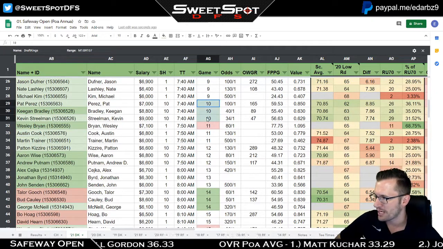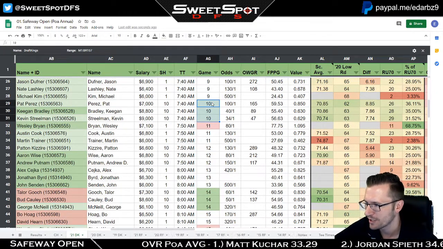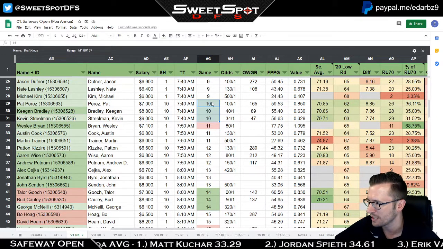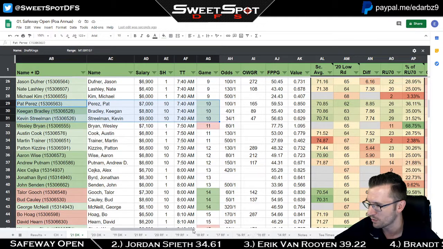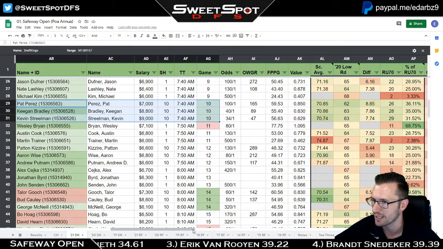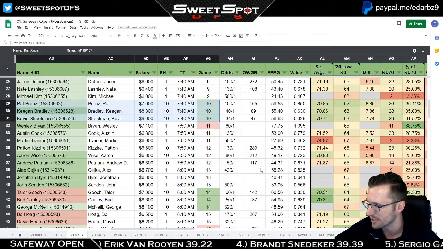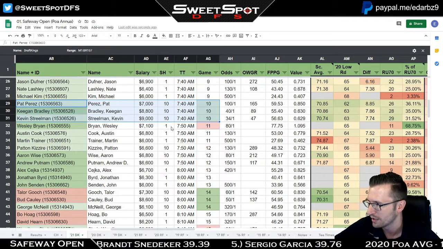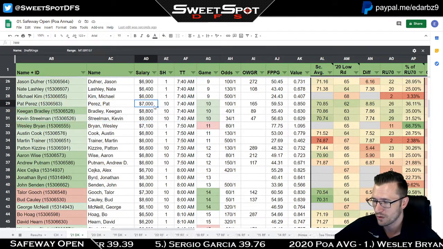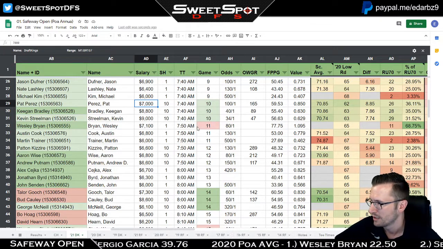Here's that Pat Perez guy that we were talking about earlier. He's in a solid group with Keegan Bradley and Kevin Streelman. I like their buckets to go along with their scoring average. Everything is kind of panning out to be pretty decent. I would definitely consider each of them, all three. Perez just is really the only guy with a good price discount.